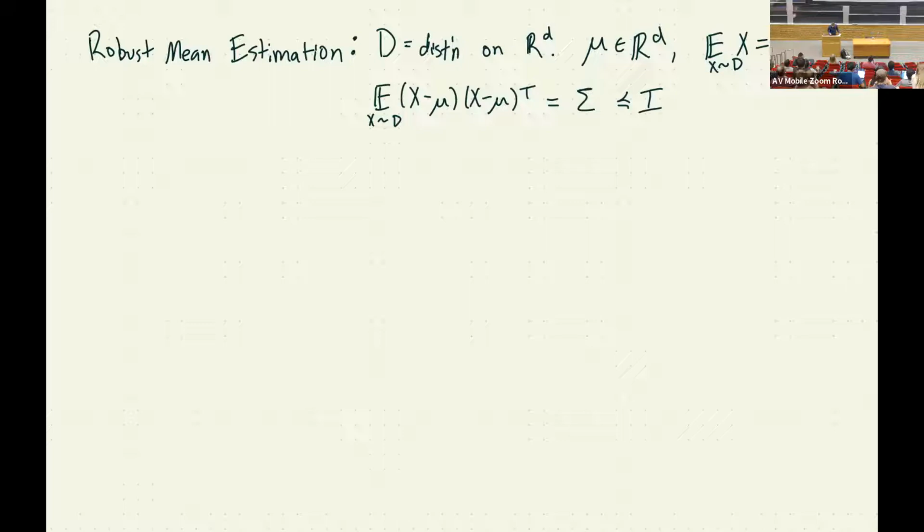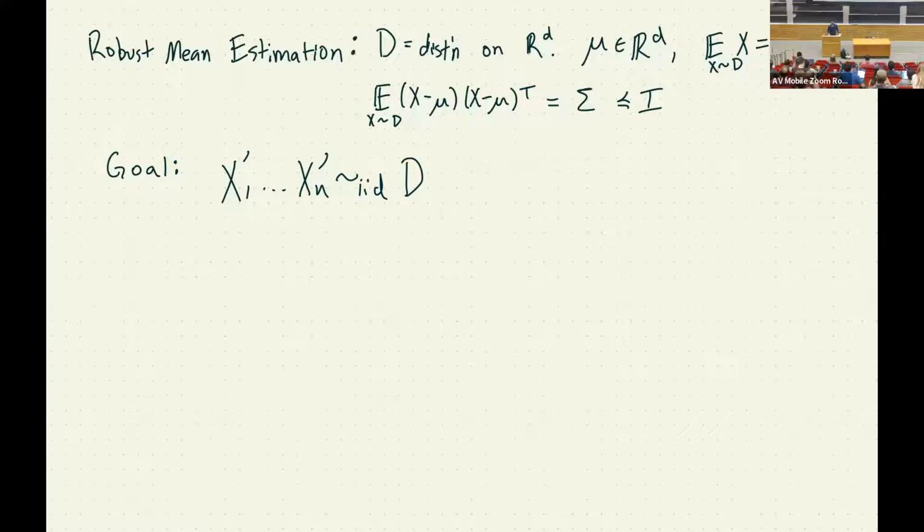Now, what's the goal? Let's draw it with a picture. We're going to imagine that some samples, x1 through xn, have been drawn IID from D. Actually, I'm going to use the notation x1' to xn' because we're about to have different x1 through xn's.